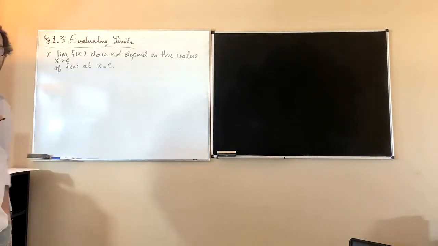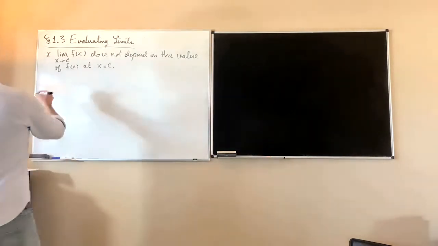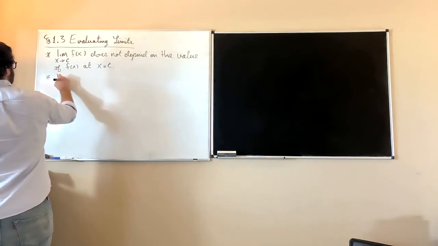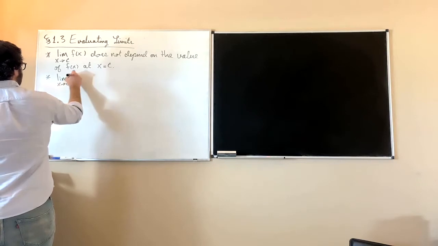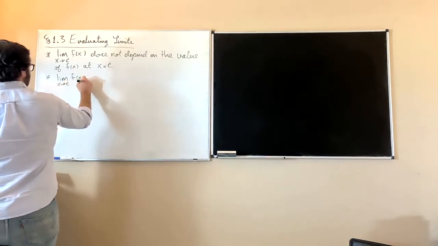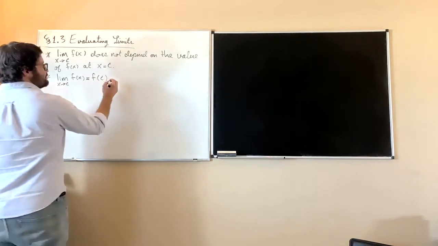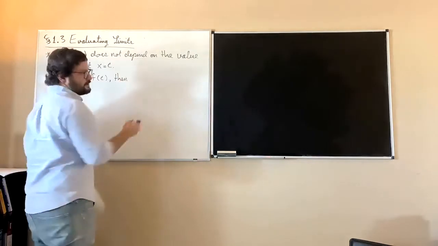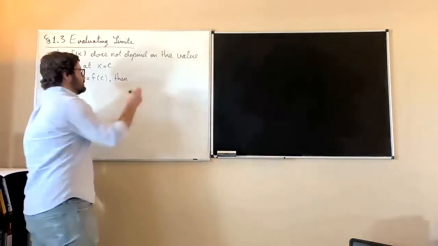But in certain cases, the limit does equal the value. So sometimes this does happen. If the limit as x approaches c of f of x equals f of c, then we say that f is well behaved at x equals c.